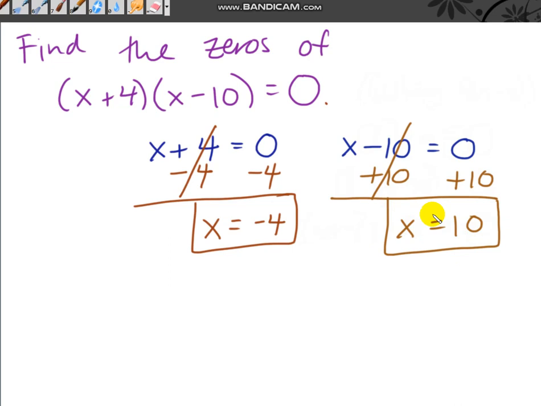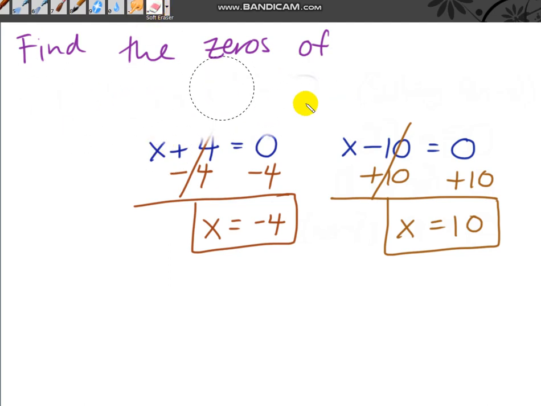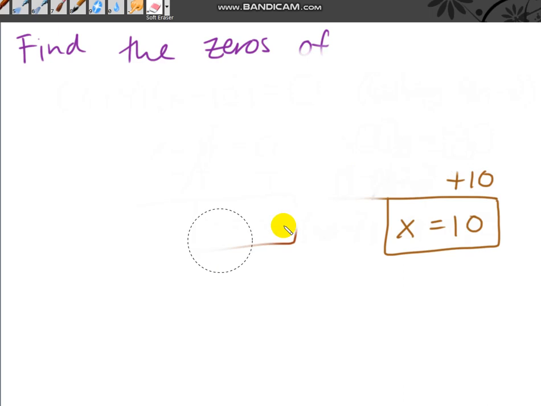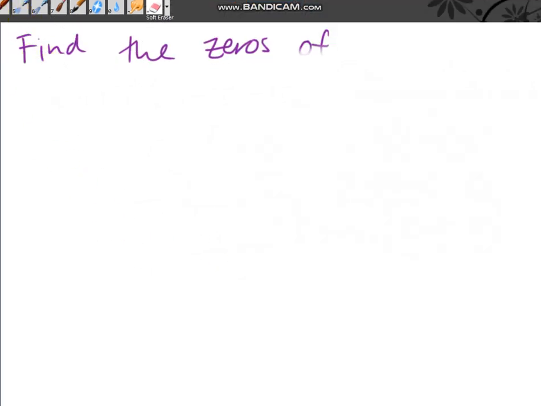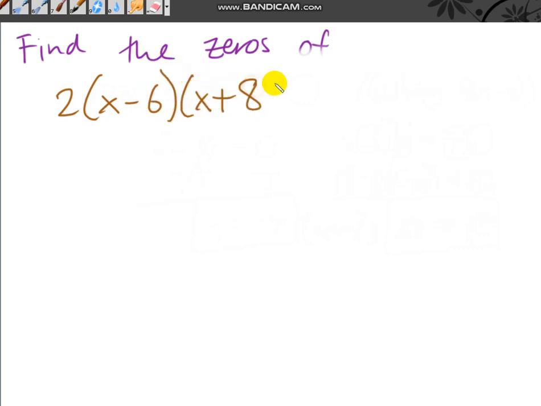I'm going to show you another example. I'm going to just erase this here. Let's say I want to find the zeros of 2(x - 6)(x + 8) = 0.